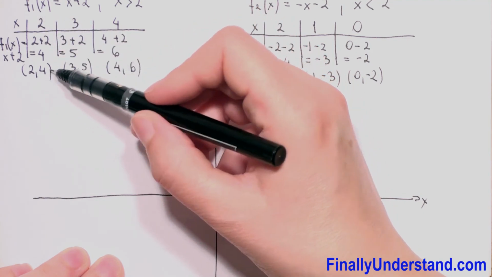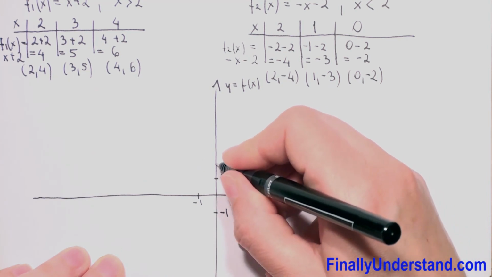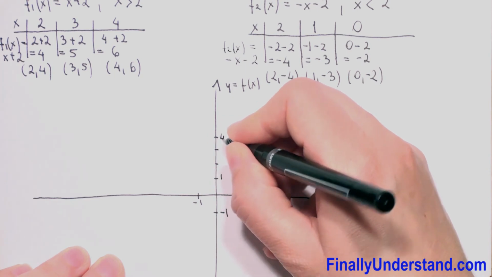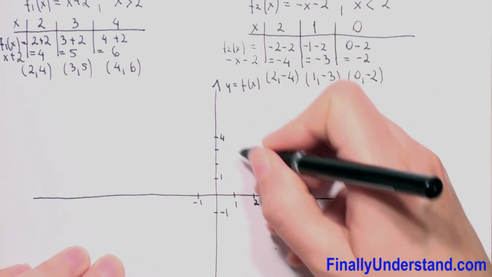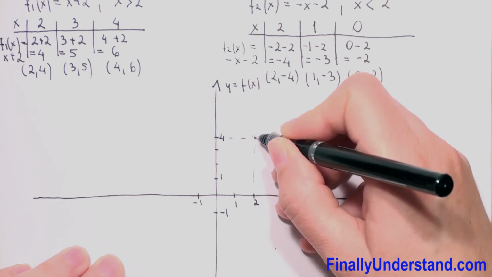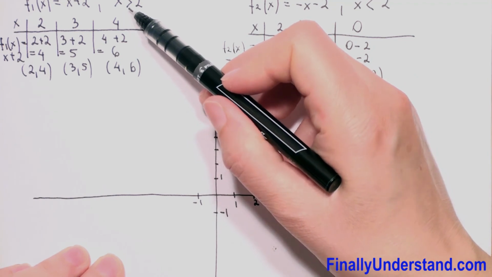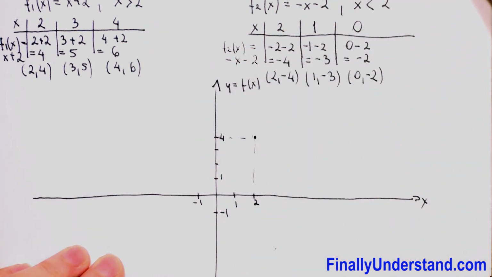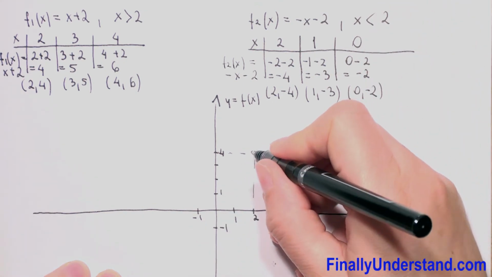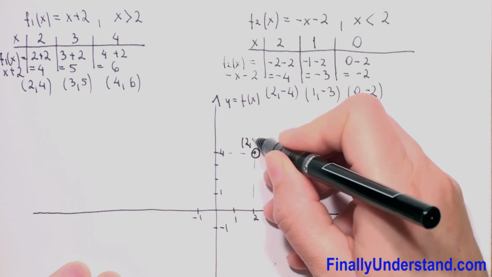So we have the point (2, 4), with x equal to 2 and value 4. So this is our first point, and because x must be greater than 2, I will draw an open circle. Now this is the point (2, 4).